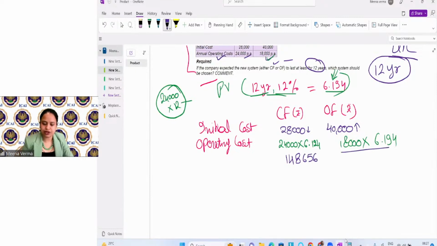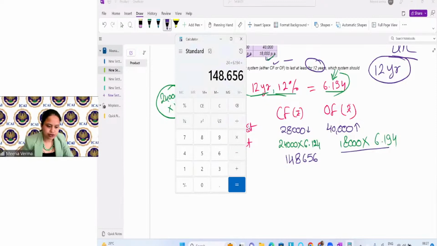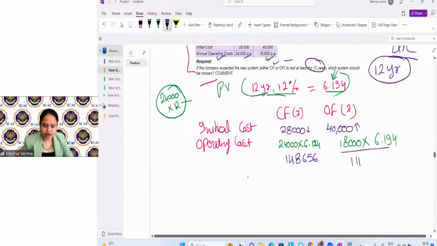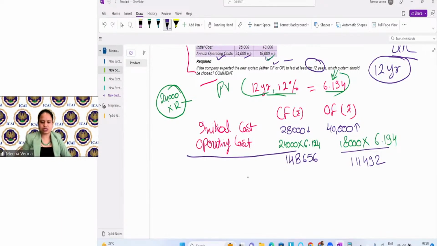Let's see what the other is coming as. We have 18,000 into 6.194. So this is coming as 111,492, right? So you can see here this is the total life cycle cost.